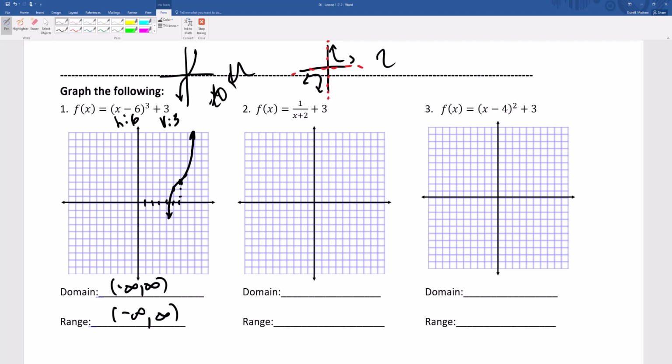So, having said that, my horizontal shift is negative 2, my vertical shift is positive 3. So those are going to be where my vertical, horizontal asymptotes are going to be. And so now I can draw in my graph.